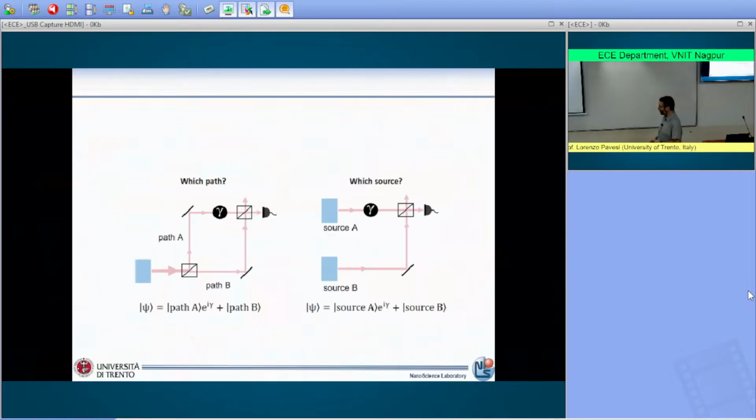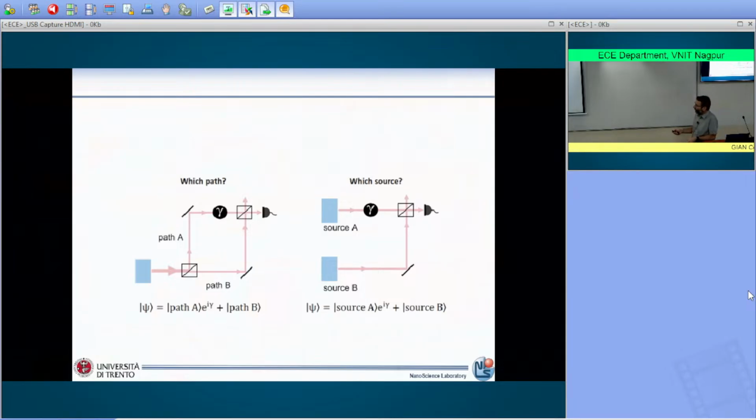Now we can redo the same experiment. Instead of considering which path, so the two paths, we can use two sources. So now if we have two sources of indistinguishable photons, the wave function of the photon is equal to the probability of having the photon generated by this source plus the probability of having the photon generated by that other source. We still have one photon, so we are always dealing with a single photon.